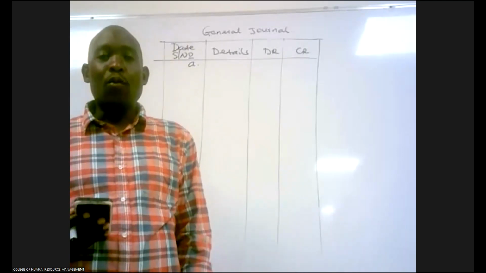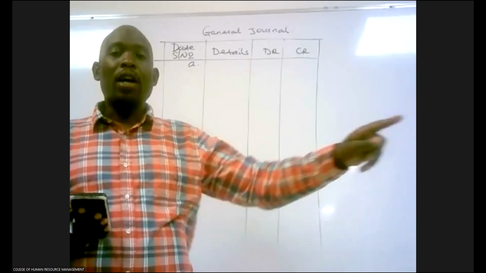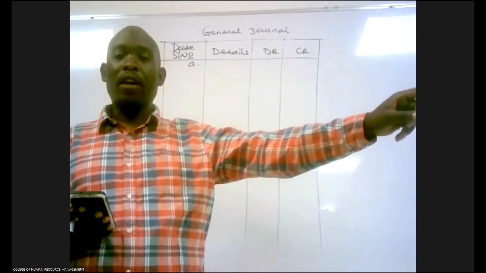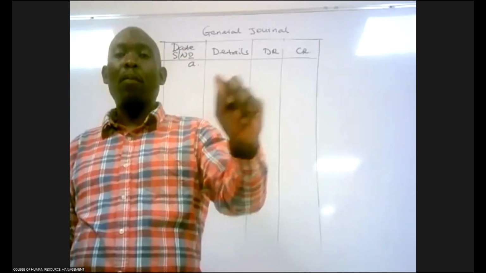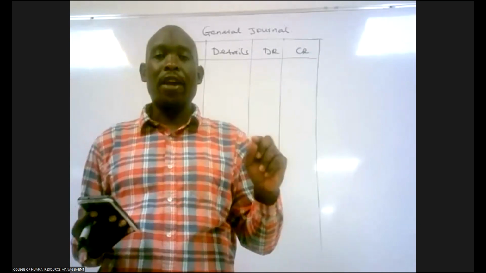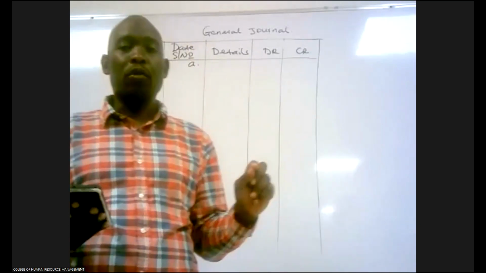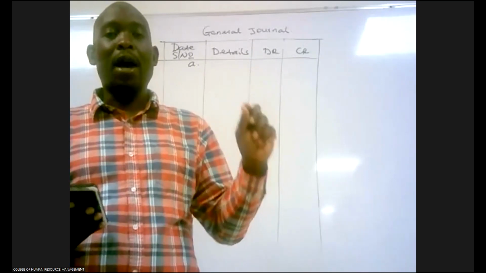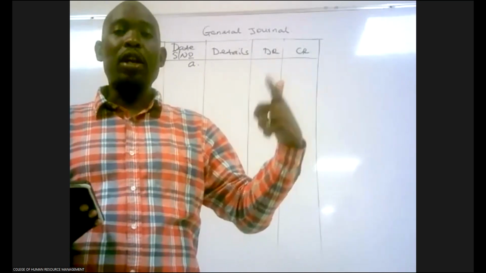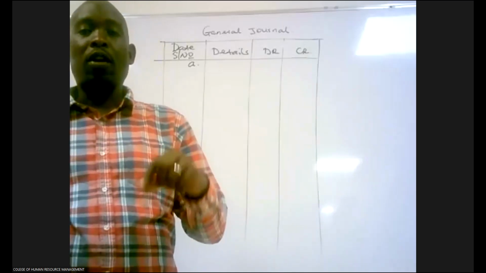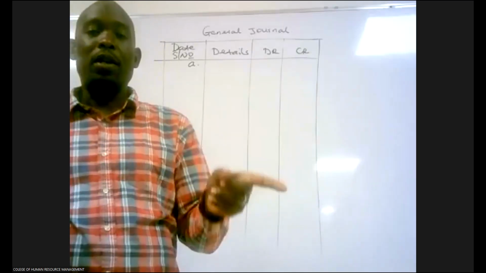Correction of error will entail that you cancel where there is a wrong entry, or you reverse the wrong entry, and then you post it correctly. How do you reverse? If it was a wrong debit, you credit that account. If it was a wrong credit, you debit that account.